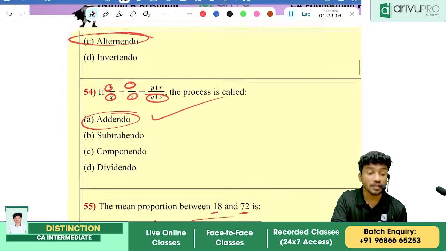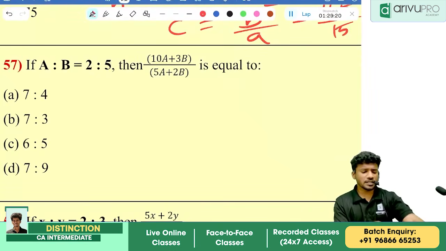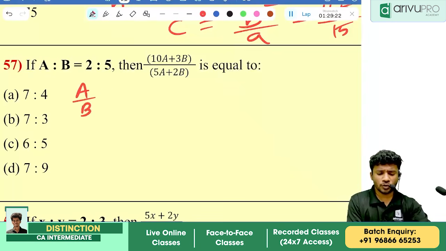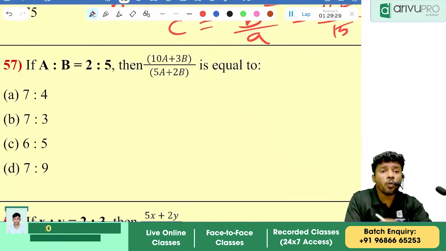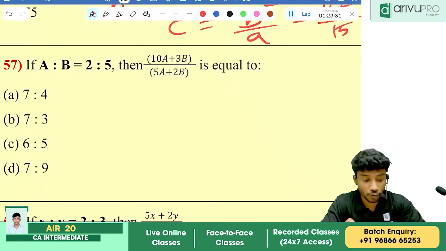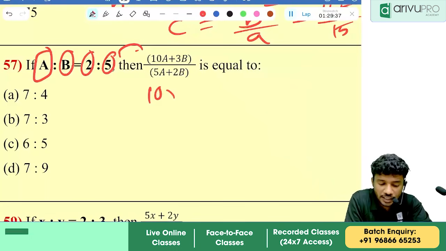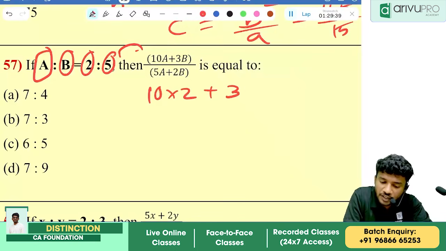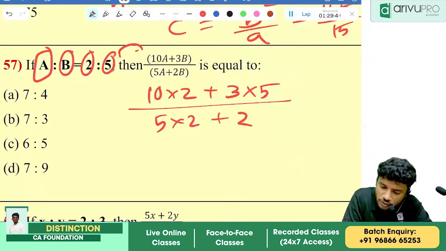High chances there. Next one. I will tell you the method. Sometimes it will be given A by B is equal to 2 by 5 and all. Or I will say A is to B will be given as 2 is to 5. One shortcut we will do in such type of question is, we will take A is equal to 2, B is equal to 5 and substitute over here. 10 into 2 plus 3 into 5 divided by 5 into 2 plus 2 into 5.